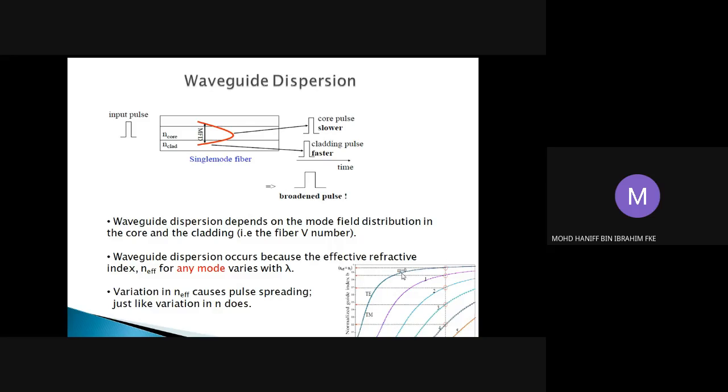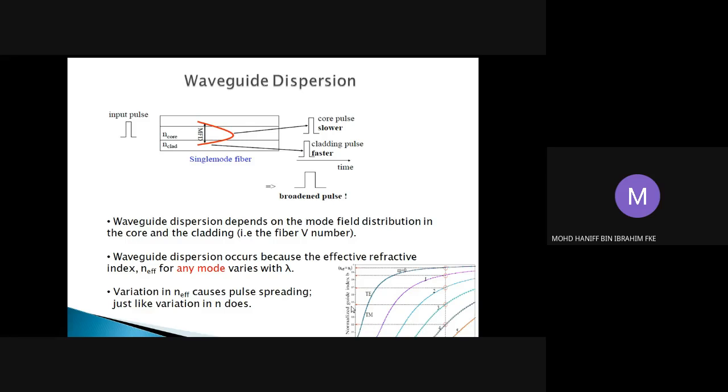Let's say we consider m equal to 0. m equal to 0 means this is mode number 1, or the fundamental mode. The value of V will change according to the mode number, and this is the case whereby n effective will change according to lambda.